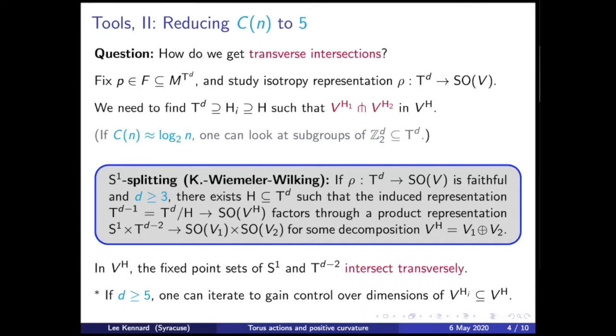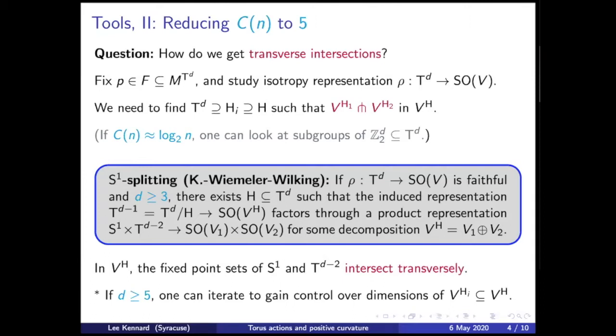And it turns out that we can satisfy this extra condition for T5 actions. The point here is that if you have a T5, then your leftover torus is a T3, and you can apply the splitting theorem again to get more splittings, more transverse intersections, and it takes some work, but you can show that you can satisfy this other condition.